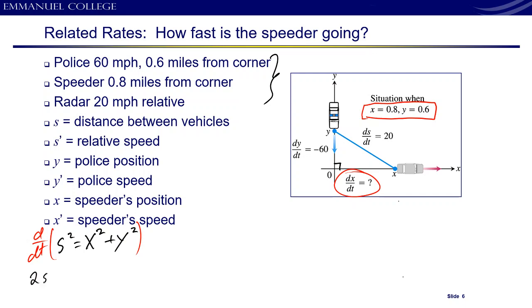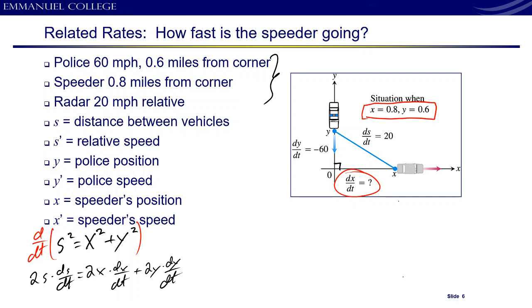So each one is going to follow a similar pattern. The first one is 2s times ds/dt, plus 2x dx/dt, plus 2y dy/dt.